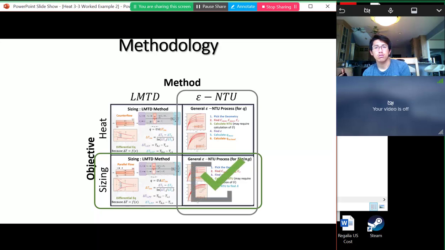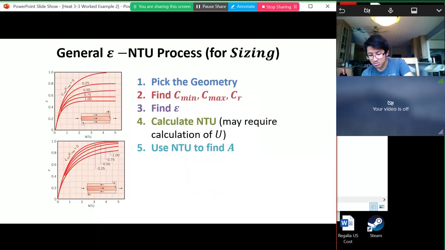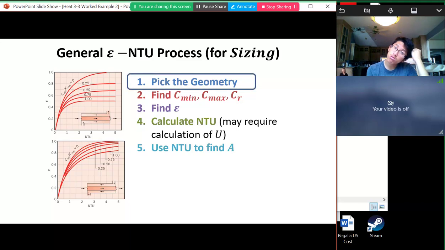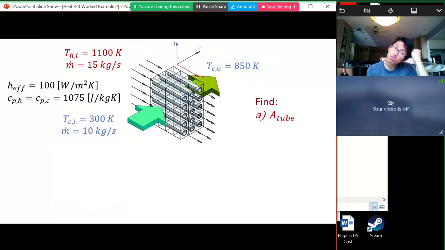Now I know which process to pick, which means I know which flow chart I'm supposed to follow. I'm trying to find the general effectiveness-NTU process for sizing a heat exchanger, and that looks like this. I need to pick the geometry, find my capital C values, find effectiveness from the definition, use the correlation between NTU and effectiveness, and use the definition of NTU to find A. The first thing I want to do is pick the geometry.